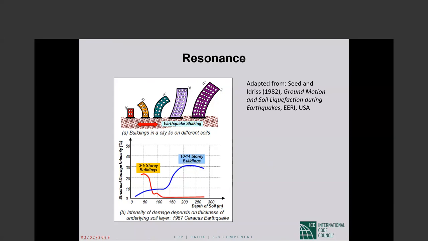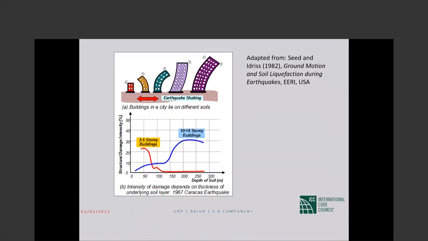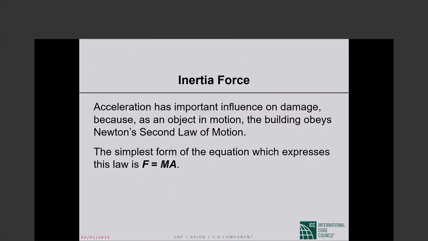So for deeper soil deposits, the taller buildings would appear to be more vulnerable to earthquakes. For very shallow soil deposits over rock or on rock itself, the shorter buildings would be the ones more vulnerable to earthquakes.